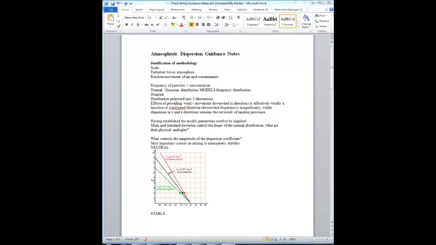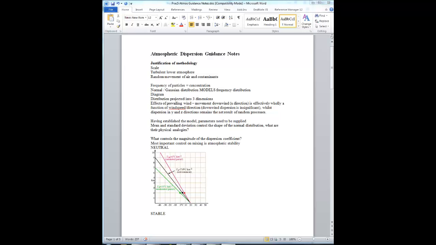In the case of Filshire, this power station, there's a constant wind blowing down the valley, and that's going to extend that distribution in the downwind direction. So if there were no prevailing wind, dispersion would be equal in all directions, but with the prevailing wind blowing in one direction, then dispersion along the x-axis, if you like, would be wholly a function of the wind speed.